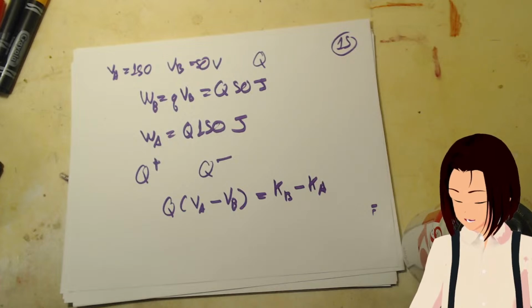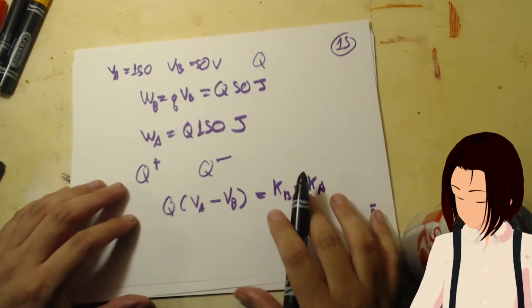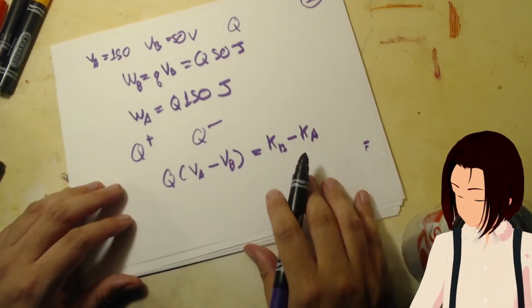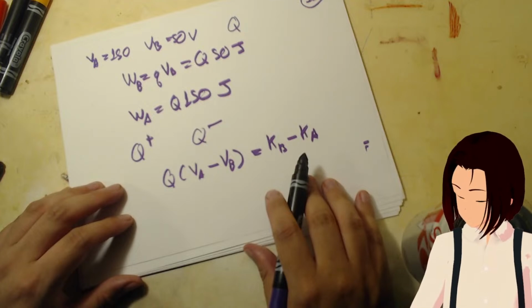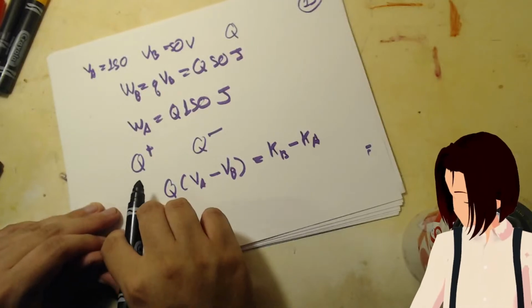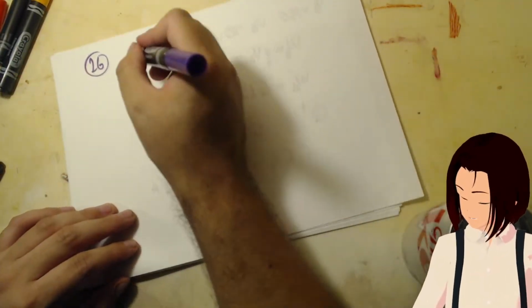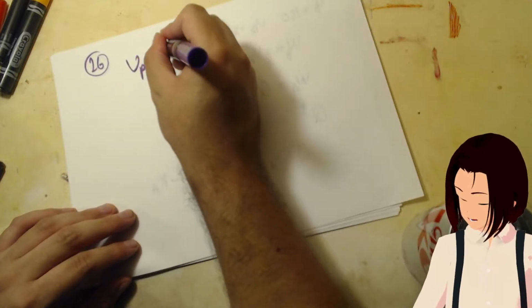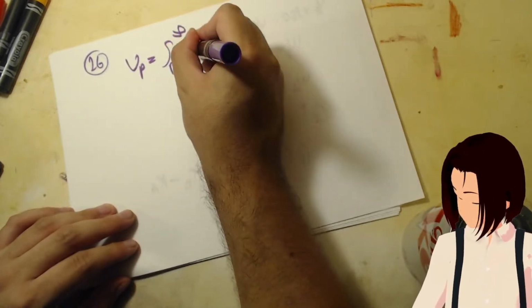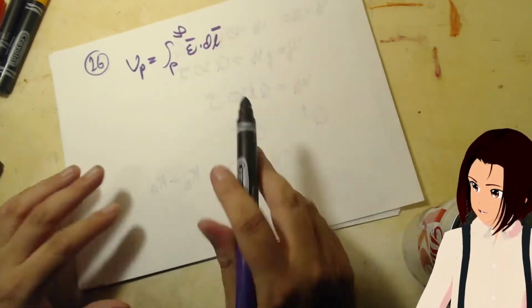But one of the things is that, you remember that V of P is equal to that. Yeah, you know that relationship.